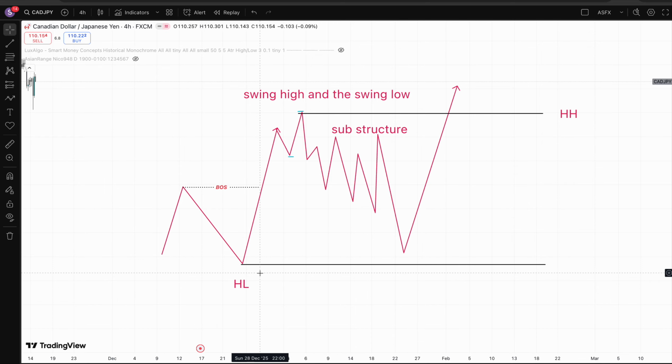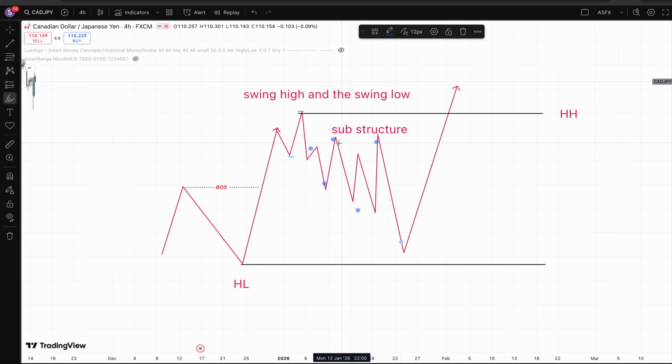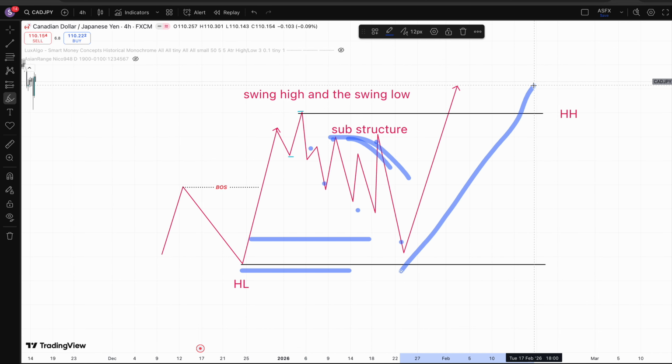As I illustrated in my previous videos, we have a new higher low and a new higher high. Those are our main structure. And then all this is substructure, all the structural points here, all these things. These are substructures. And this is all a retracement. This is all a pullback to this level of demand before the market continues its uptrend. As easy as that, guys.